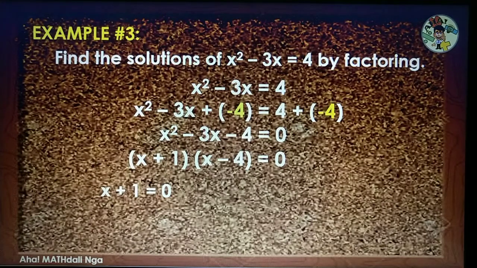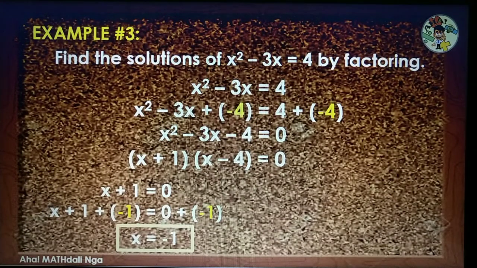We will find the value of x by eliminating positive 1 in the left side of the equation. So we have to add negative 1 to both sides of the equation. So we have x plus 1 plus negative 1 is equal to 0 plus negative 1. Then we have x is equal to negative 1.